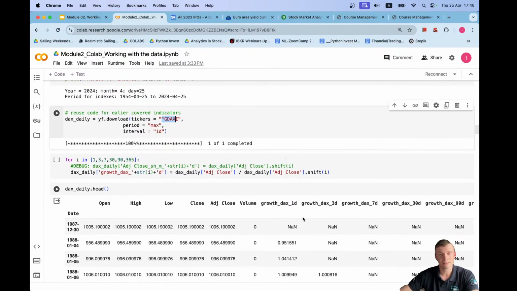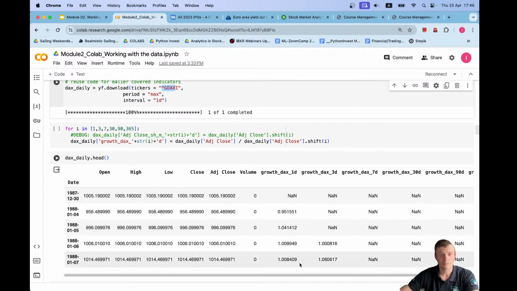It's not days, and as you can see here, this is the first date when we have data on the DAX index, and growth 1 period ago is not defined, and that's expected. But on the next day we can already say that the adjusted close number is lower than it used to be, and growth is less than 1.